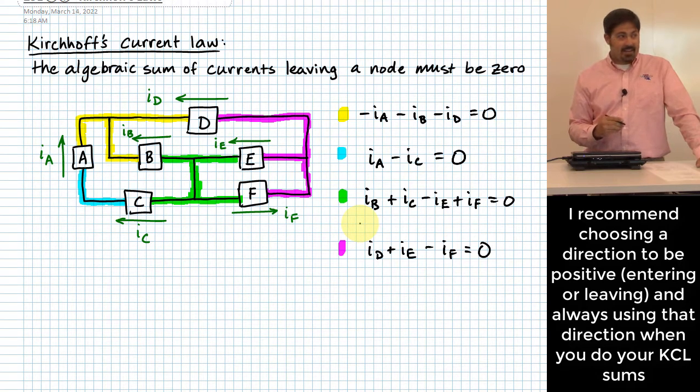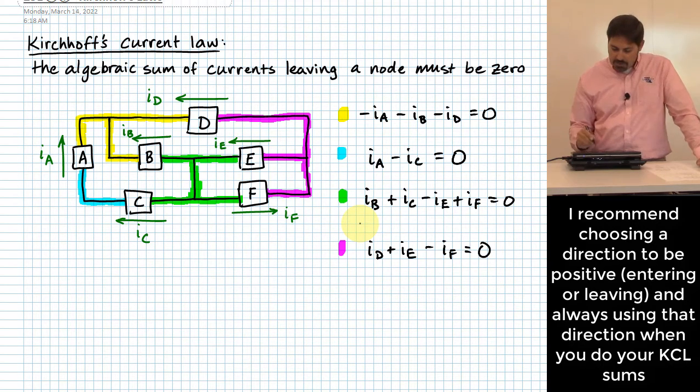Yeah, you actually can, node to node to node, switch which direction you take to be positive, entering or leaving. I just don't recommend it. It's not illegal to do it. It's just, I think choosing a particular way and sticking with it is the most convenient way for you to not end up messing yourself up.